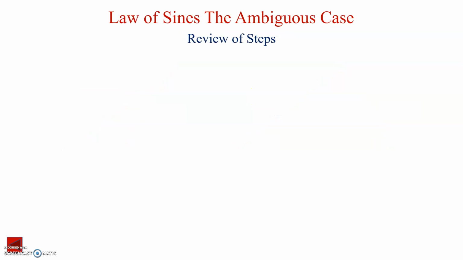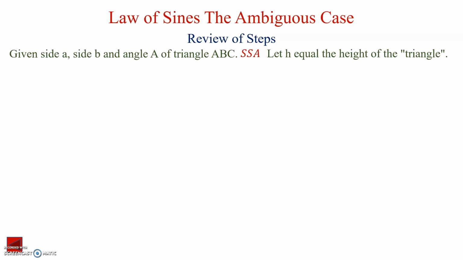So let's look at the review of the steps. If we were given side A, side B, and angle A of triangle ABC, that's SSA, two sides and an angle. And we know that the height is equal to, we'll call H being the height. So first thing we did, we determined if the triangle existed.